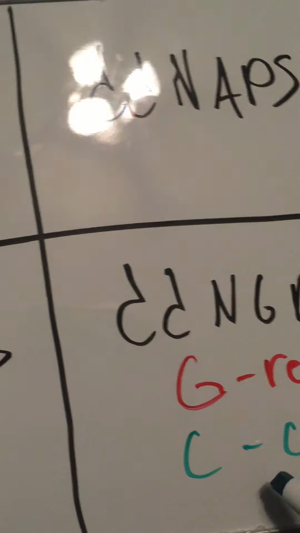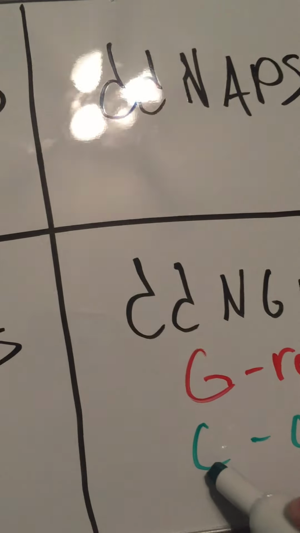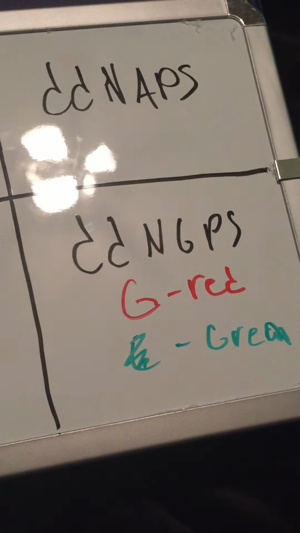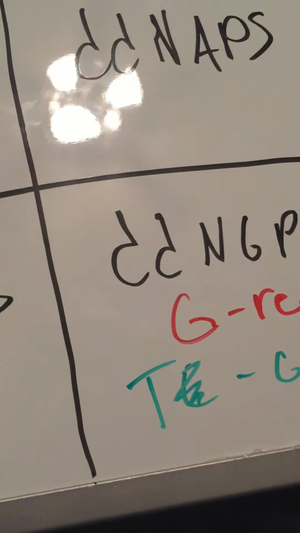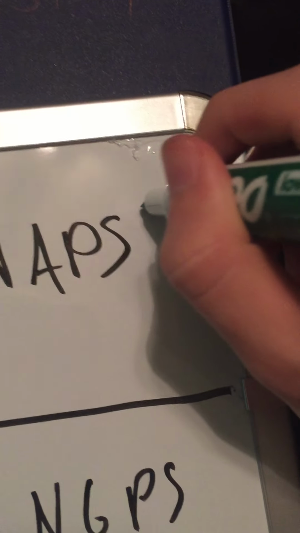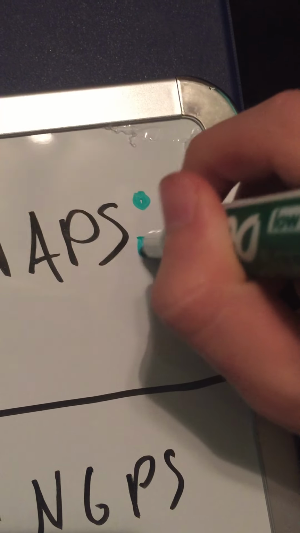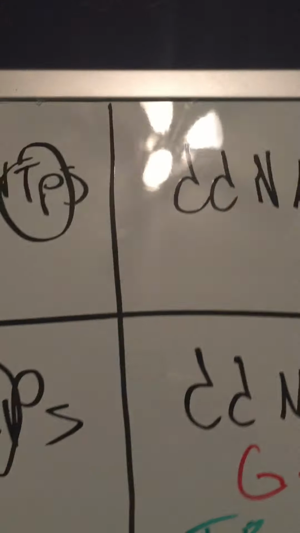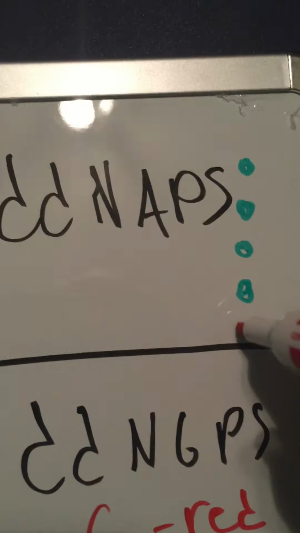I think that's gonna work. No, we'll screw that. We'll do not C, we'll do T. So we're gonna go T, T, T, T, and then we're gonna get a G.